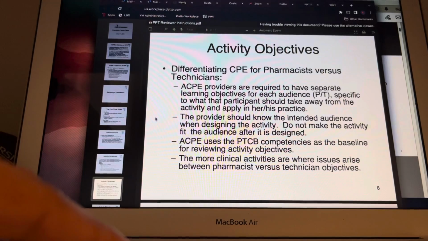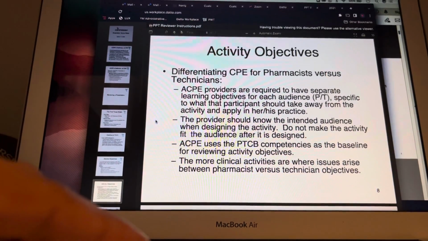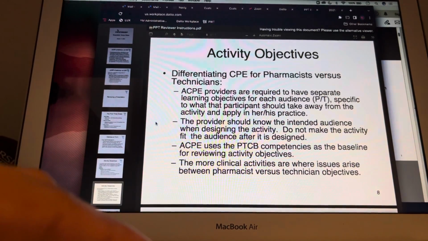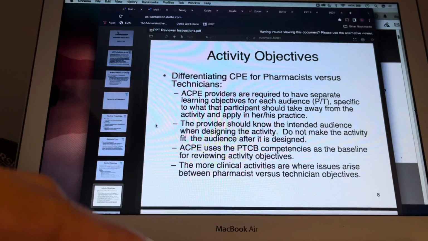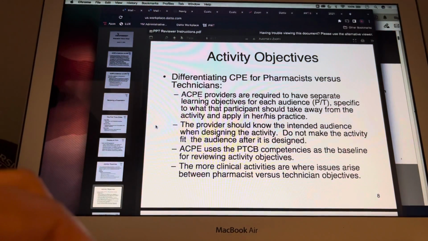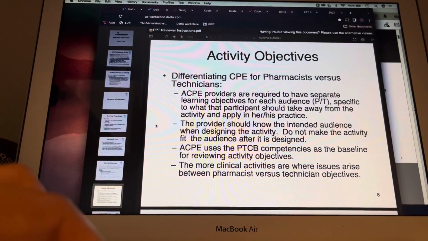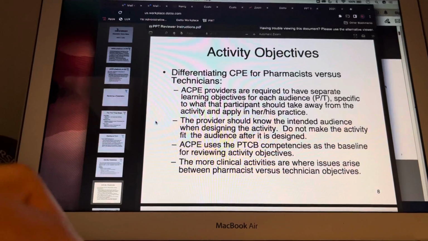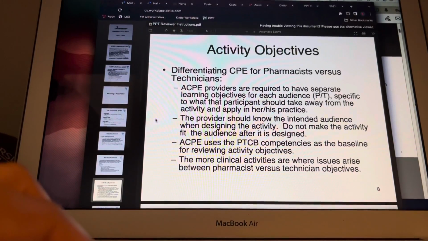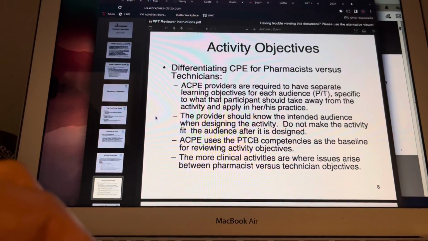ACPE uses Pharmacy Technician Certification Board competencies as their baseline for reviewing activity objectives, and you can look on the PTCB website for their specific competencies for reference.